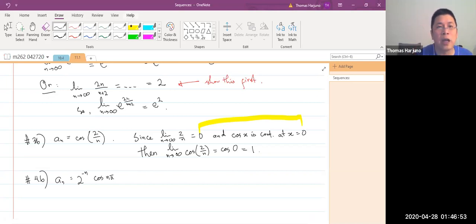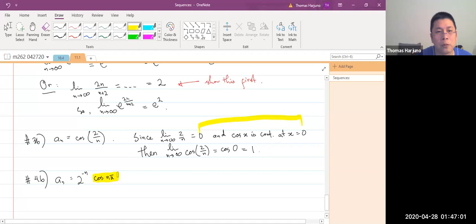Now notice that this part here will give us alternating values.